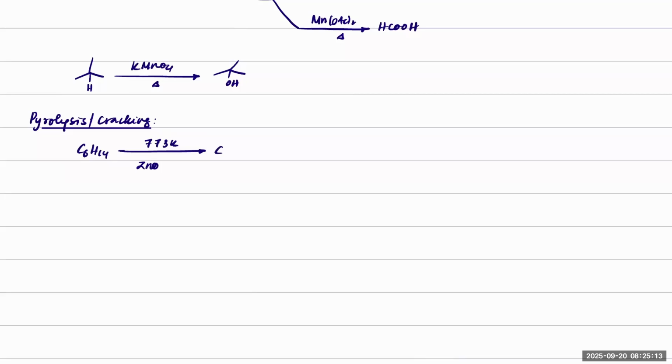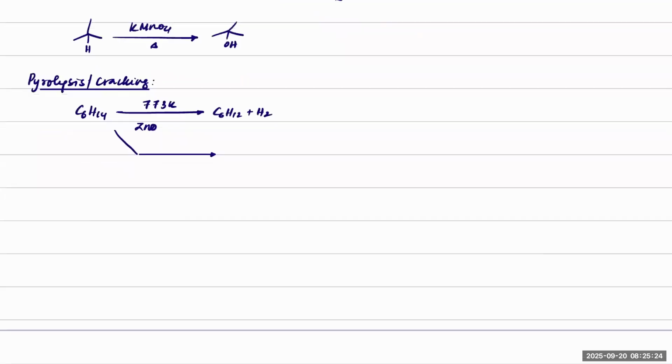This will convert into C6H12 plus H2, and at the same temperature, if you crack it with a little high pressure, you might get C4H8 plus C2H6. The cracking can also be done such that it becomes C3H6 plus C2H4 plus CH4. So you can see the cracking can be done in so many different ways, and you will get multiple products.